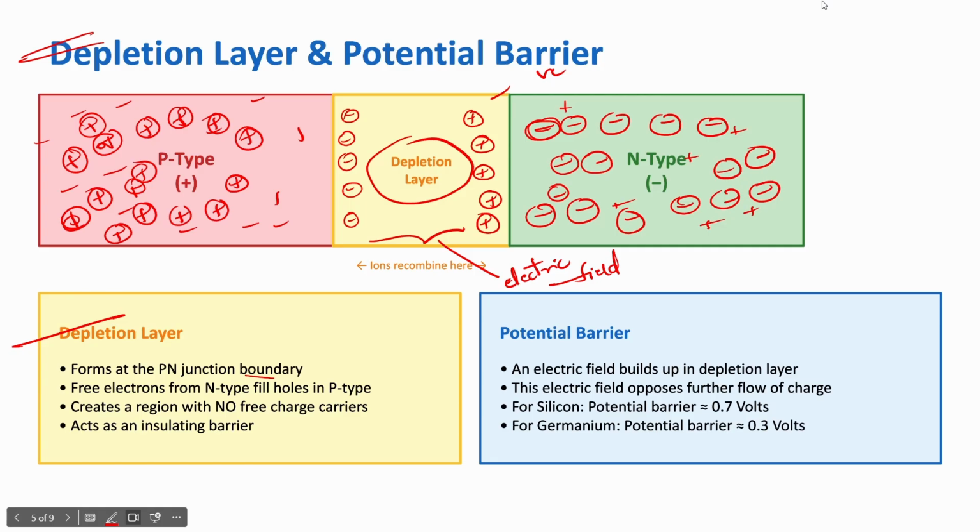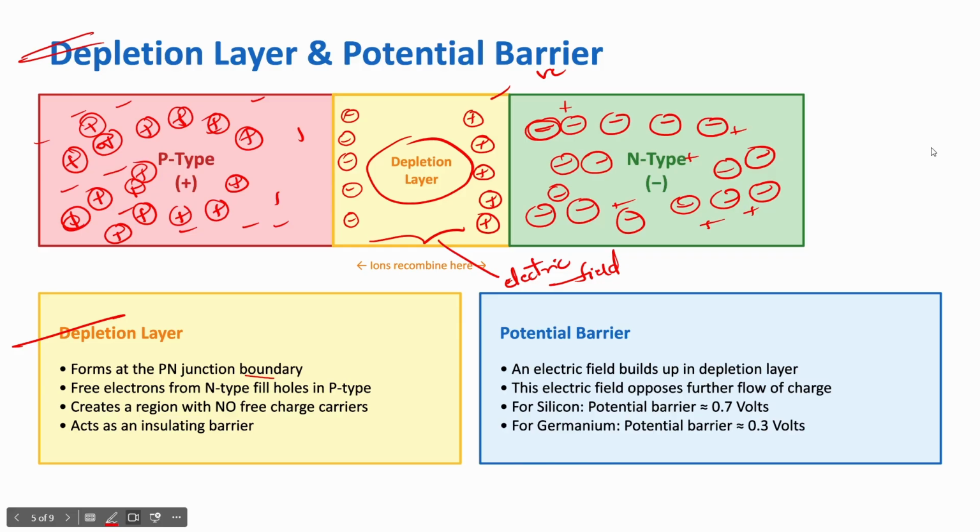So I will explain while charging. What we have discussed till now: what the p-type material is, how you get the p-type material, and how you get the n-type material.